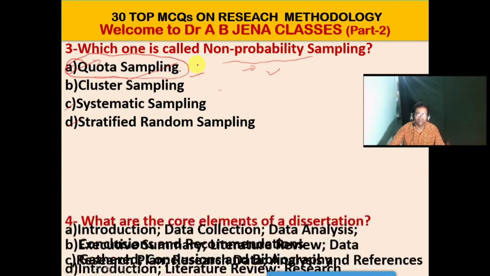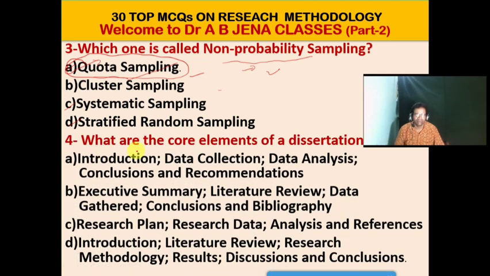So next MCQ: which are the core elements of a dissertation? A, introduction, data collection, data analysis, conclusion and recommendation. B, executive summary, literature review, data gathered, conclusion and bibliography. C, research plan, research data, analysis and reference.